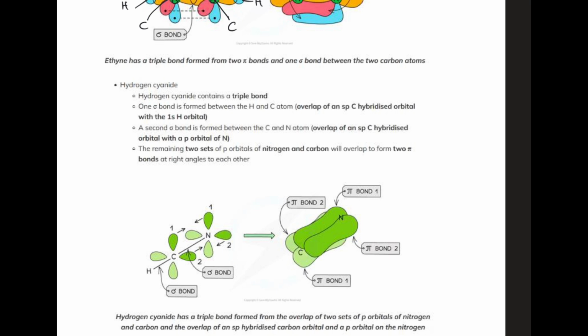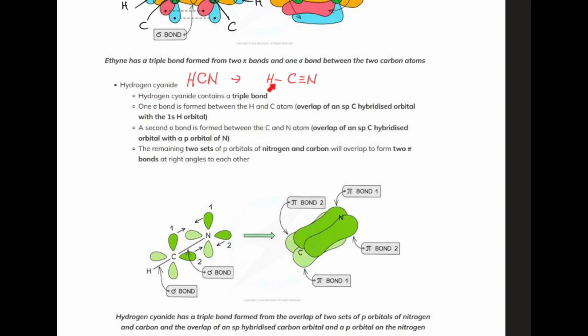Hydrogen cyanide. Okay, let's see. First, I just let you know the formula. It is HCN. So it looks like this. You can see a single bond here and a triple bond there.